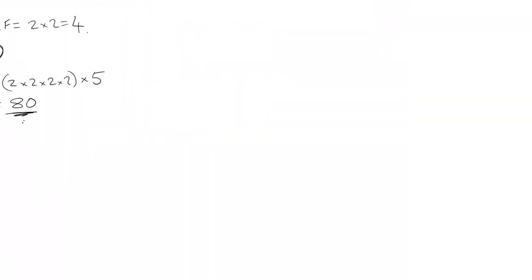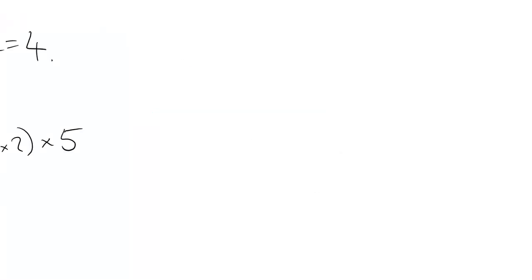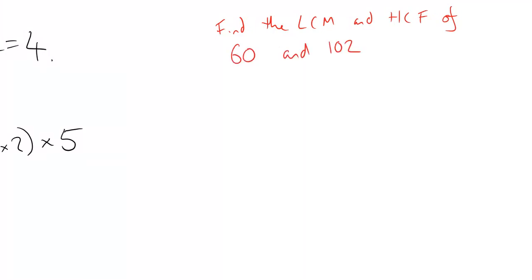So let's try a more complicated example to make sure you've really understood this. In this case, we're going to choose to find the LCM and HCF of 60 and 102. Okay, now before we even get started, we need to write these as a product of their primes.